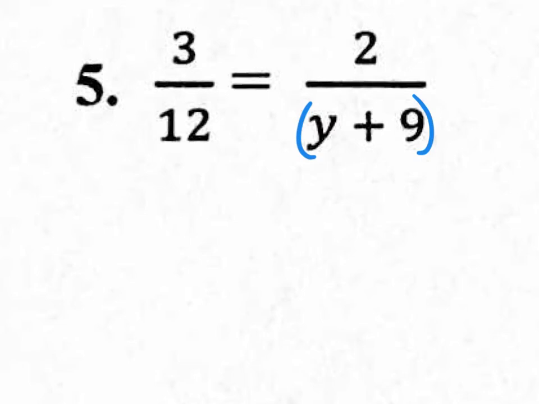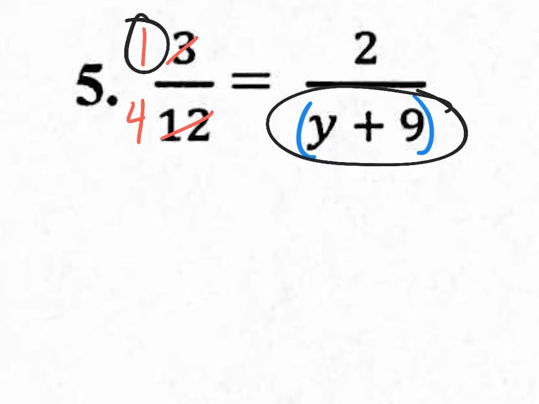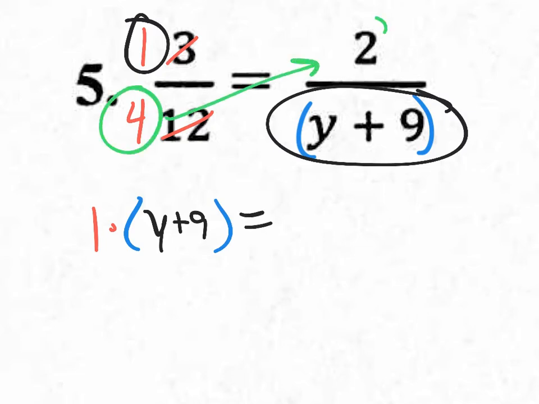3/12 reduces down to what? 1/4, right? 3 divided by 3 is 1, 12 divided by 3 is 4, so 1/4. So when you cross multiply, it's ridiculously easy. It's 1 times parenthesis y plus 9 equals 4 times 2.